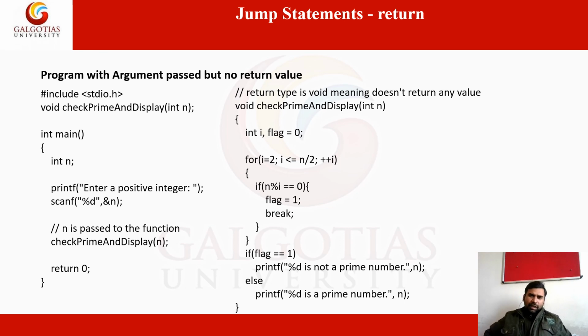Next, return. Return is also an unconditional control statement, not a conditional statement. Unconditional control statement is the correct term. Sometimes we can use return, especially in functions. For example, you have to find whether the argument number passed is prime or not.